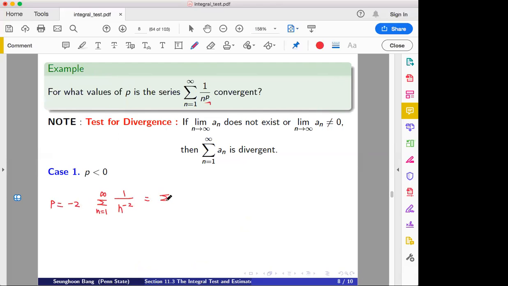You can change it to the summation n equal 1 to infinity of n squared. This n squared is an. You can take the limit of an as n approaches infinity. This is the limit as n approaches infinity of n squared. What is the answer? What's the limit of n squared as n approaches infinity?